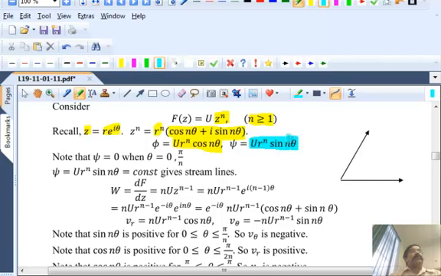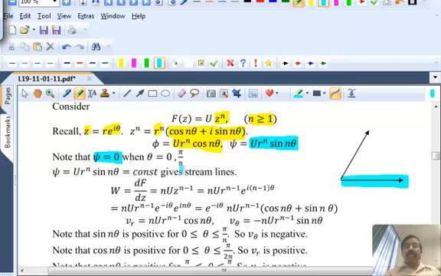Now we have to interpret what it means. One typical way of doing that is to map out some streamlines to sketch it out. For example, when is the streamline equal to 0? In this expression, when theta is equal to 0, sine 0 is 0, right? So that could represent a streamline.